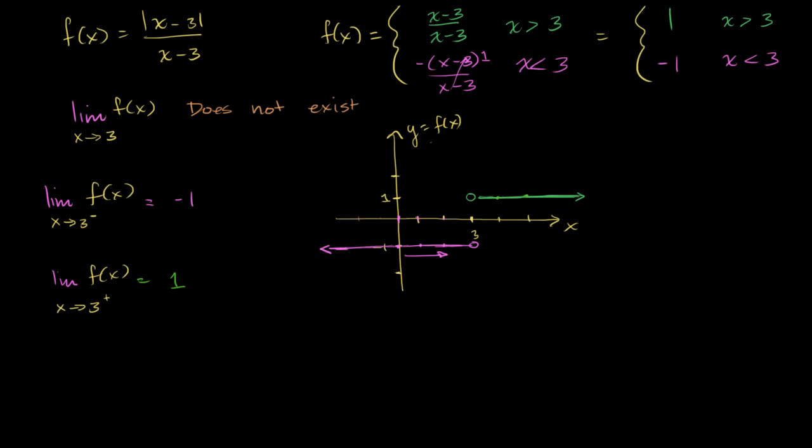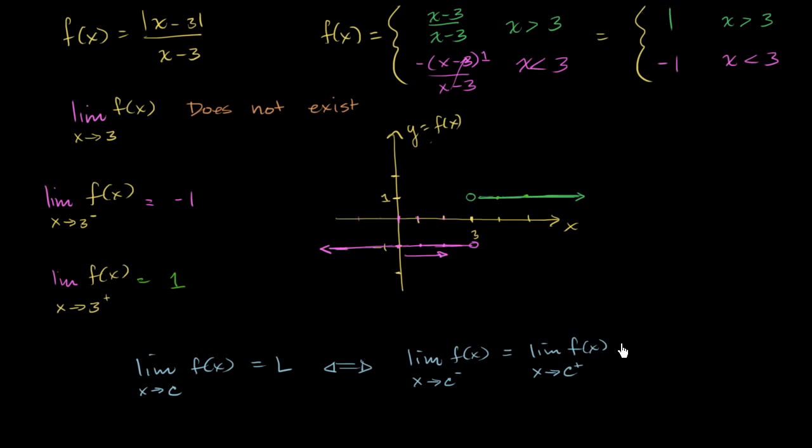Or another way of saying it: the limit of a function f of x as x approaches some value c is equal to L if and only if the limit of f of x as x approaches c from the negative direction is equal to the limit of f of x as x approaches c from the positive direction, which is equal to L. This did not happen here.